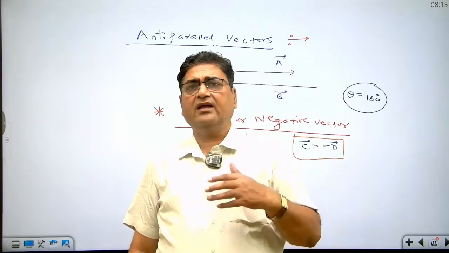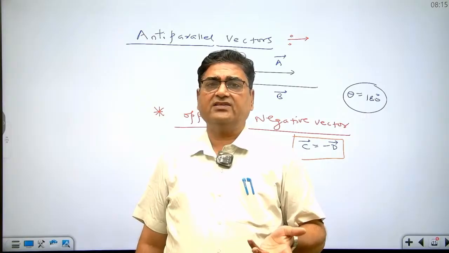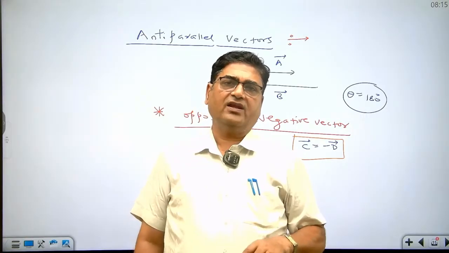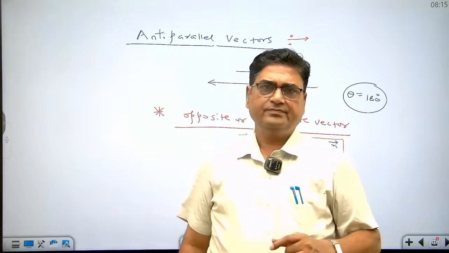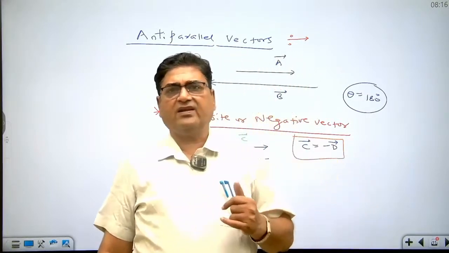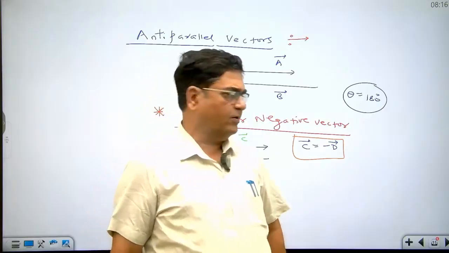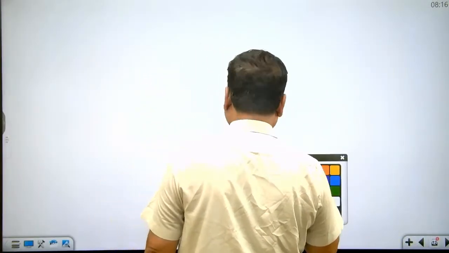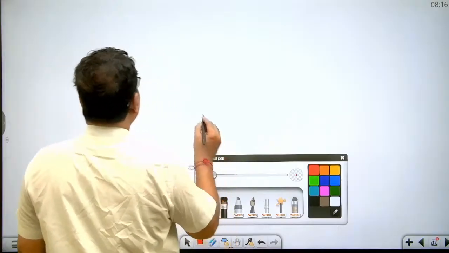Displacement vector is the final position vector minus initial position vector. Dear student, displacement vector does not depend on the reference frame chosen. Before studying position vector and displacement vector, let's see unit vector. This unit vector is very, very important in the vector chapter.